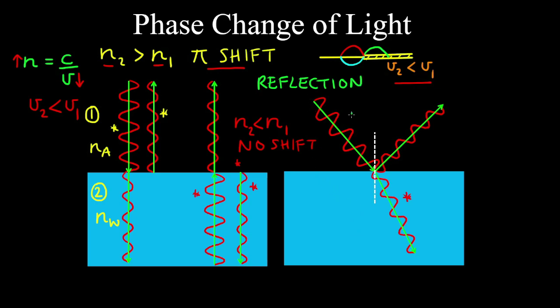So this is the general case where the incident wave is at some angle with the normal to the surface, and therefore given the index of refraction of the reflected medium is greater than the incident medium, then a pi shift occurs, and the reflected wave and the incident wave are out of phase by 180 degrees.